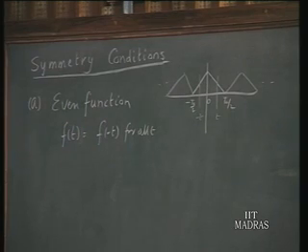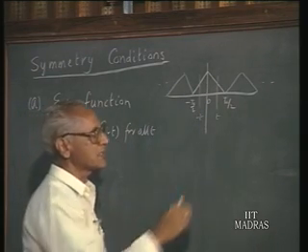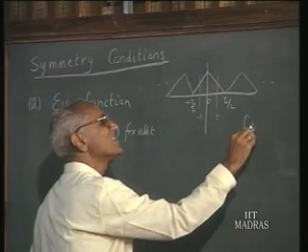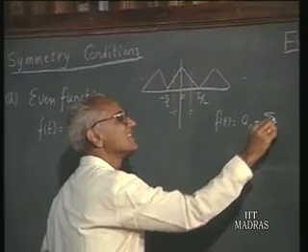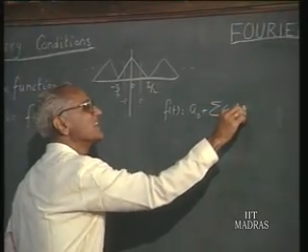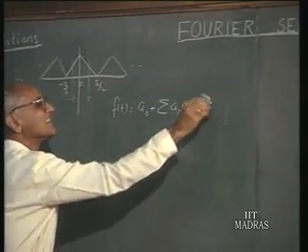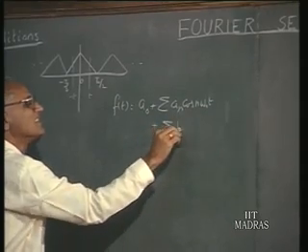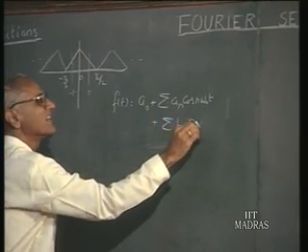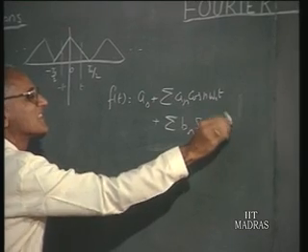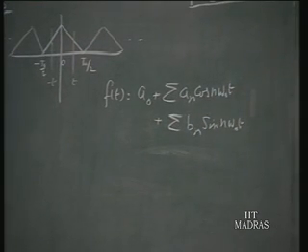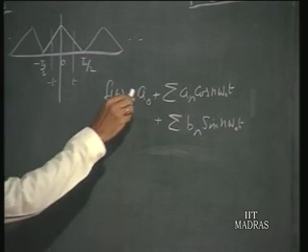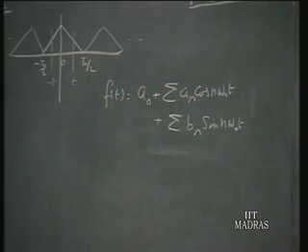You recall that the basic Fourier series expansion is a naught, an cos n omega naught t plus bn sin n omega naught t, the whole series of terms. Now, a naught is of course a constant, it maintains its value, so we will consider that to be an even function.